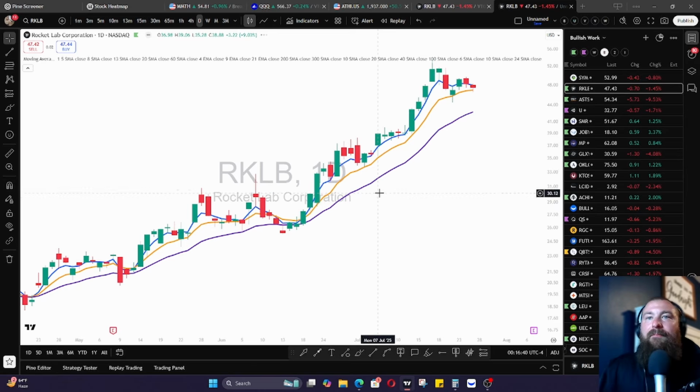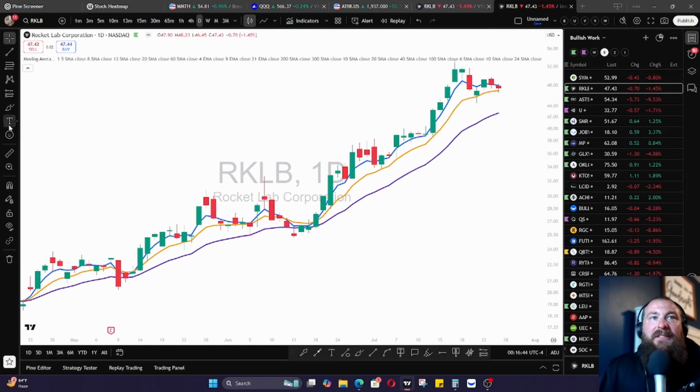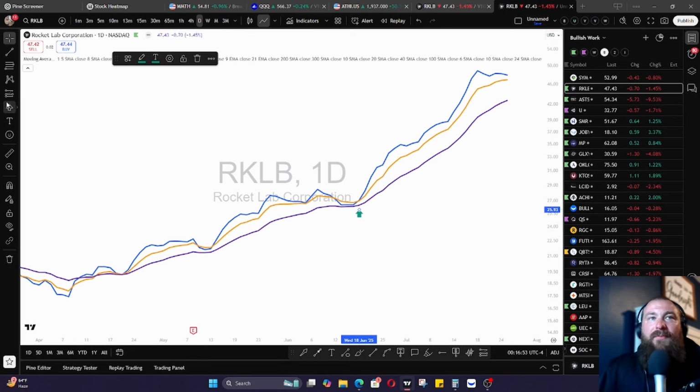Okay, Rocket Lab. Where do we see some potential buys? This is a fantastic buy right here. Let's take price off. What do we see? We see the moving averages are trending higher.